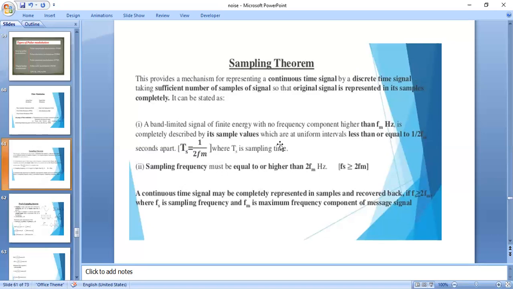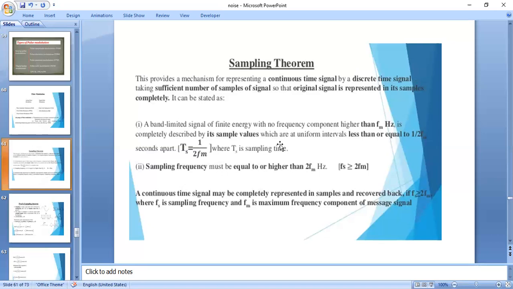That is the sampling theorem. A continuous time signal may be recovered back by using the samples, where the sampling frequency should be greater than or equal to 2fm. Here fm is the maximum frequency component in the continuous or message signal, and fs is the sampling frequency.